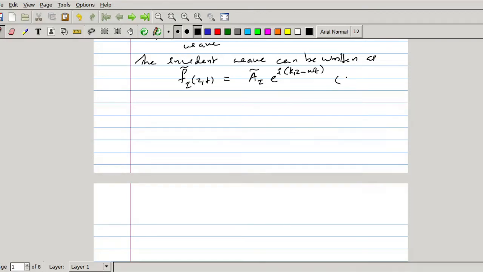This is for z less than 0, from minus infinity to 0, where the incident wave is traveling.